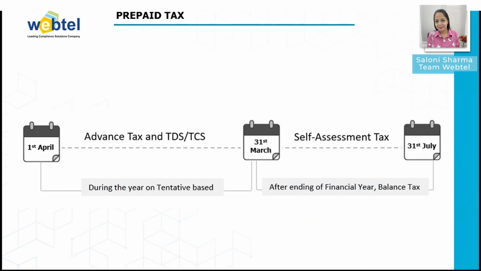And advance tax would be calculated on a tentative basis. But when the tax is calculated after the 31st March, then it would be considered as a self-assessment tax. Or you can say when we are going to pay the balance tax, then it would be considered as a self-assessment tax till the filing of the return.